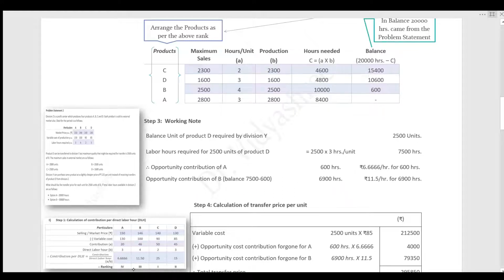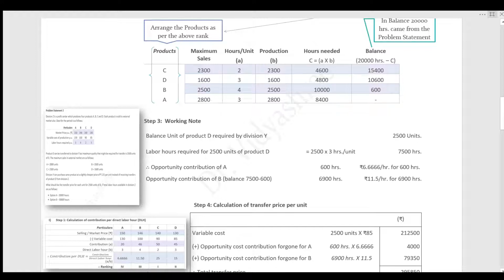Which is the next ranking? After fourth, the next least ranking is third ranking. So third ranking is nothing but product B that we are going to take. So from product B, 6,900 hours we have taken. As I told you, as per the previous problem, 600 hours into its contribution. We are taking what? Contribution. So let's see for product A, what is the contribution? 6.666.